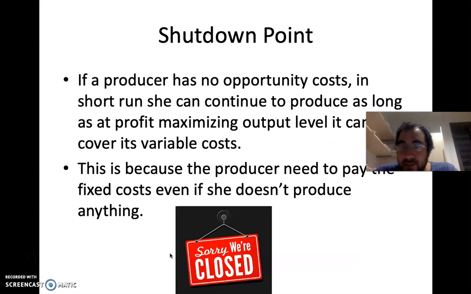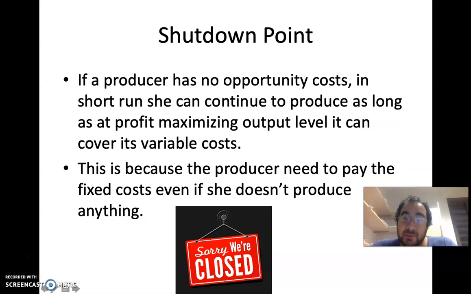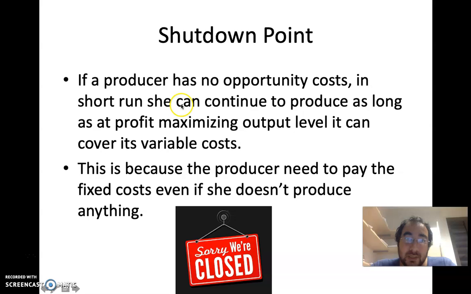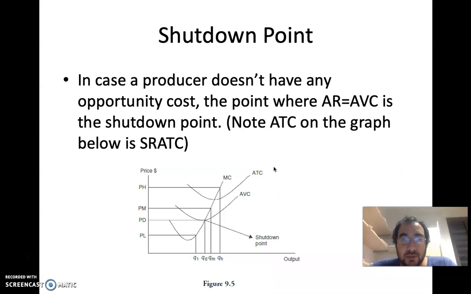Well, the company will shut down in the short run if the variable cost cannot be covered. So as long as the price is above the minimum AVC point, it will go above the AVC curve, which means at least at some production levels it is able to cover all of the variable costs plus part of the fixed costs.